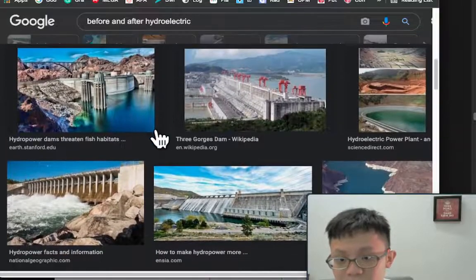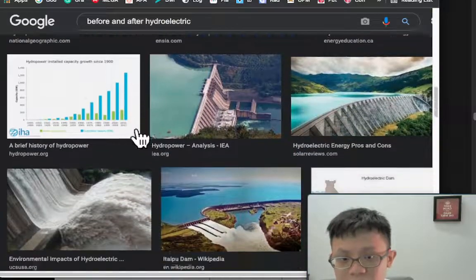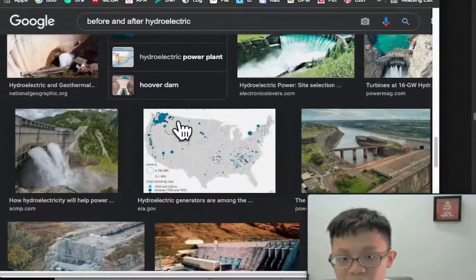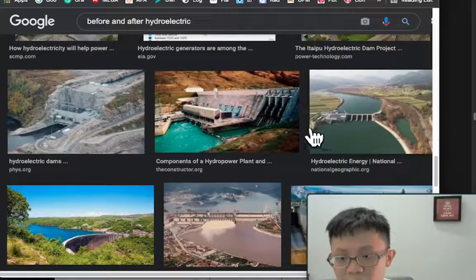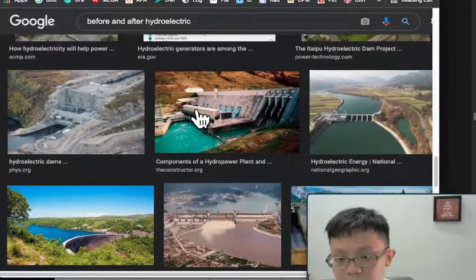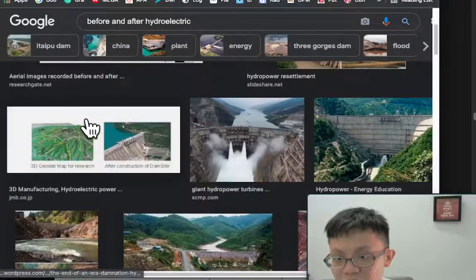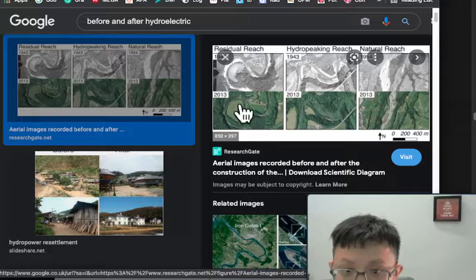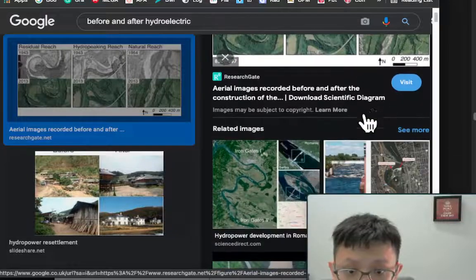Let's see. Here cannot see. There is no real picture to see before and after a dam. I think the best picture is only this one I got. So this is the residual harbor natural reach.